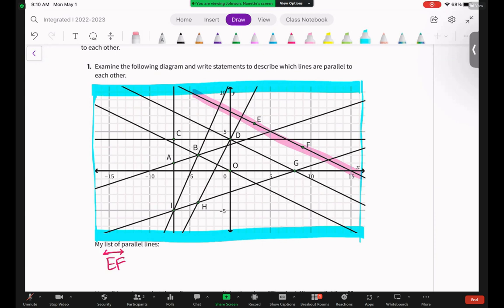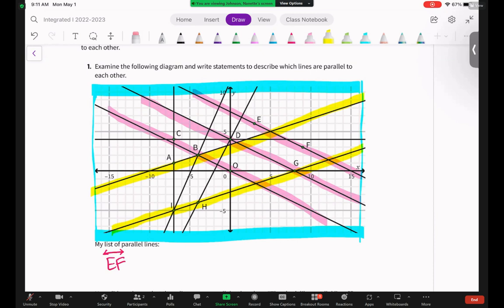Okay, maybe you said that EF is parallel to DG, and maybe you said they are also parallel to BO. Maybe you said that AB is parallel to IH.